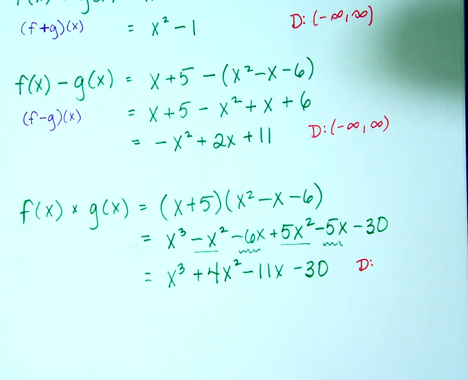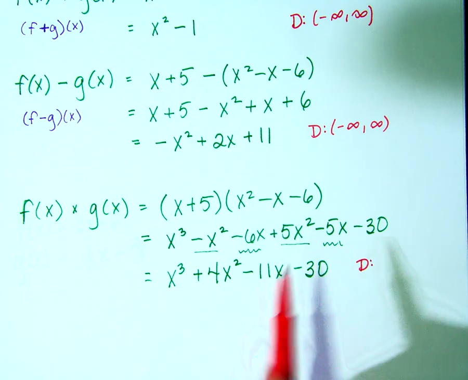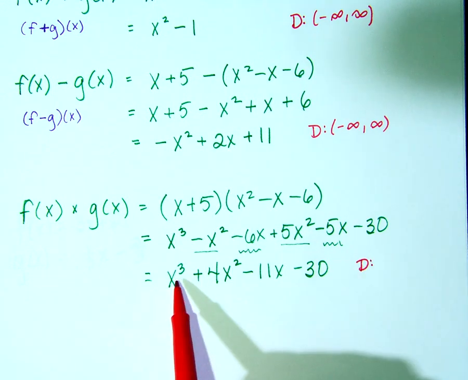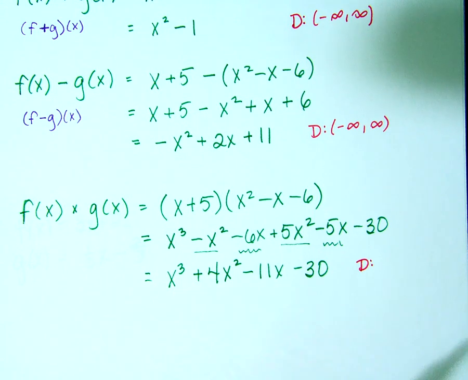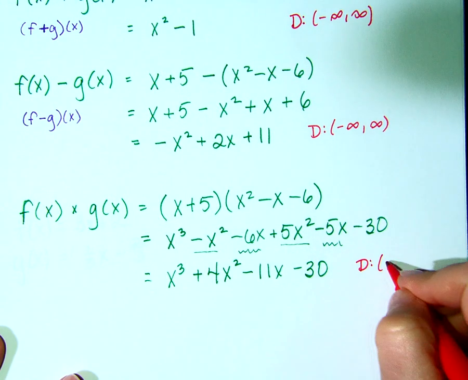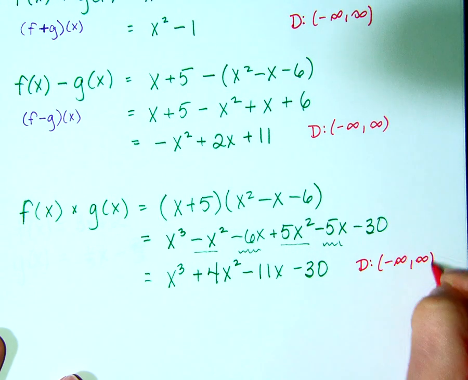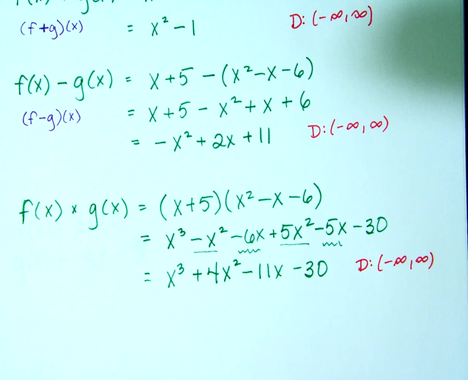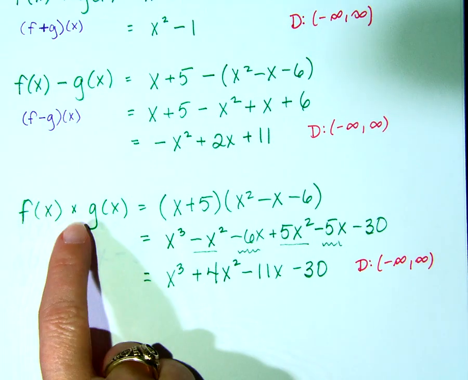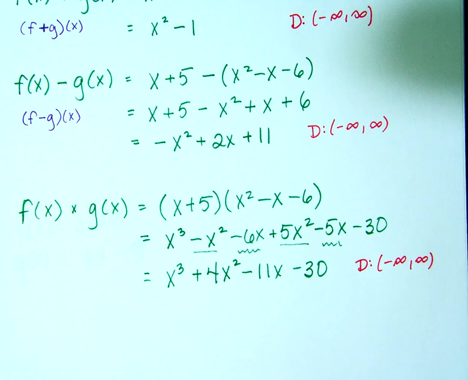What's the domain? Don't tell me it's a parabola. What is it? Oh, it's a cubic. Didn't we just talk about those? Yeah, what's the domain of a cubic? All real. Isn't that nice? Can this be rewritten some other way?